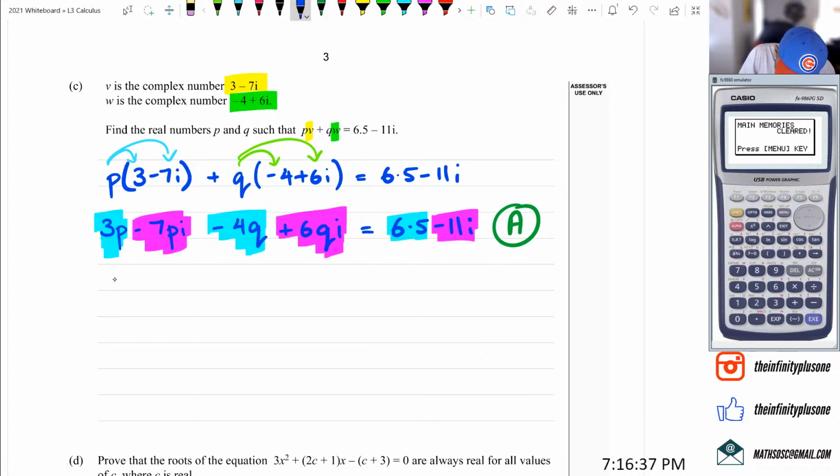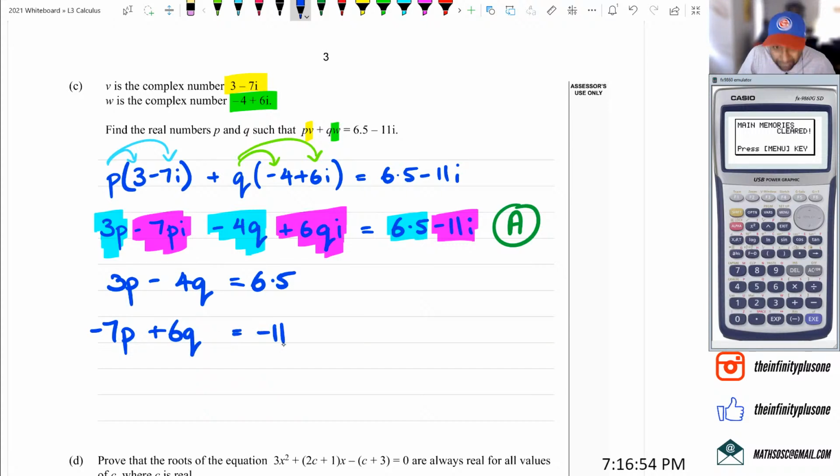So I'm going to end up with 3p minus 4q equals 6.5, and then on my second line I'm going to get negative 7p. Now I don't need to worry about the i because I know that all of them are imaginary. If you think about it, if I was to write negative 7pi plus 6qi equals negative 11i, the i is a common factor, which means I can take it out.